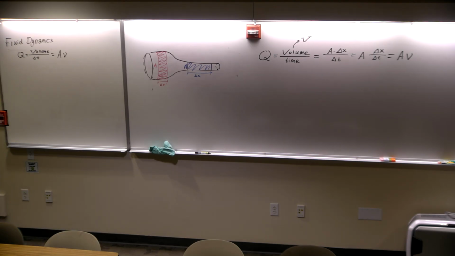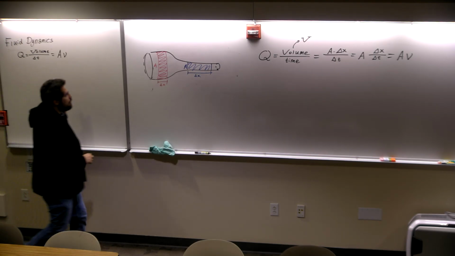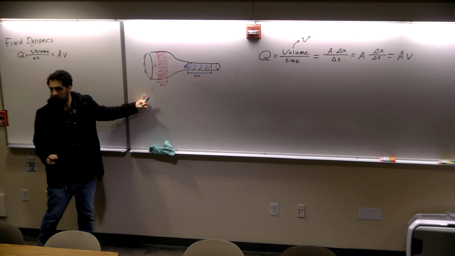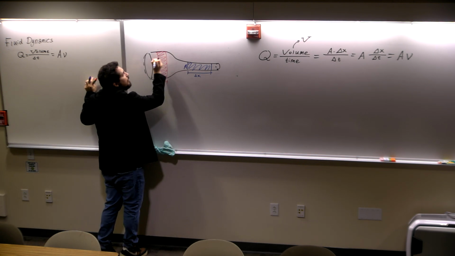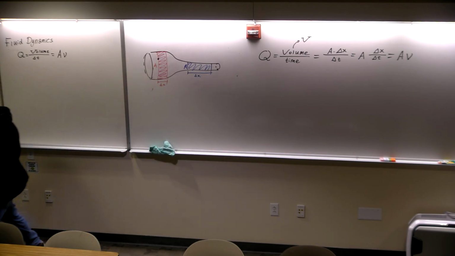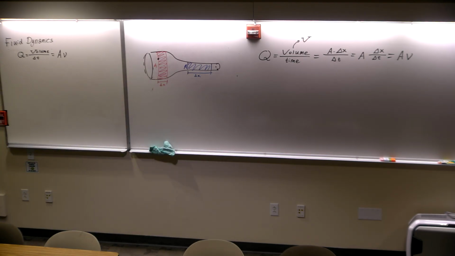All right, we take a look at the individual molecules of fluid. We zoom in, and we look at the molecule that is just on the trailing edge of the red line.